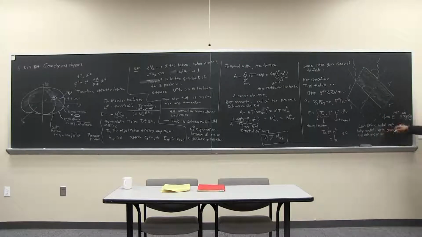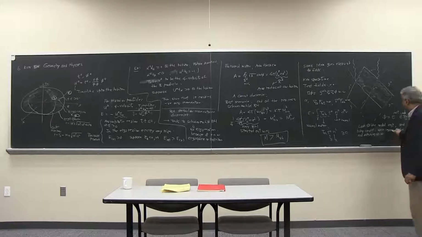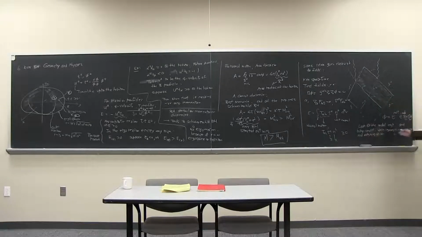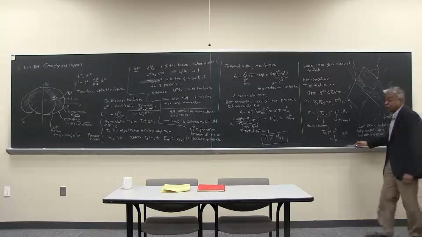So these are the boundary conditions put on individual modes. But of course, if I superpose those modes and construct a wave packet, then since each mode satisfies this boundary condition, the wave packet will also satisfy this boundary condition. So I've got a wave packet which is falling into the horizon, and at infinity is going out.